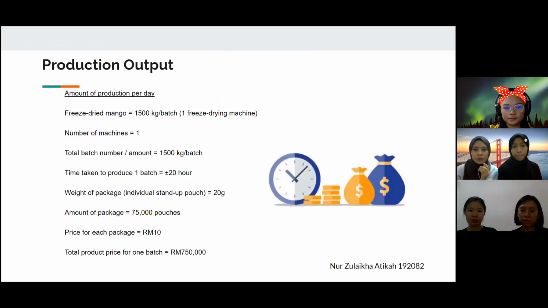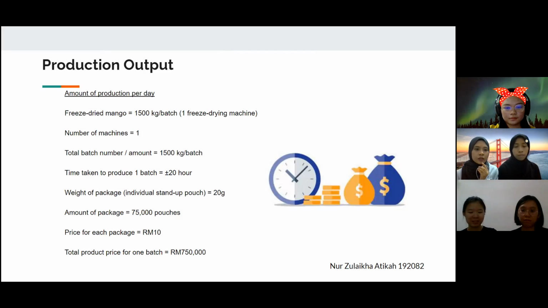This is the production output of our freeze-dried mango. This is the amount of production per day. Our freeze-dried mango that we can produce per day is 1,500 kg per batch for one freeze dryer machine. As I looked up online, there is a machine that can produce 1,500 kg per day.